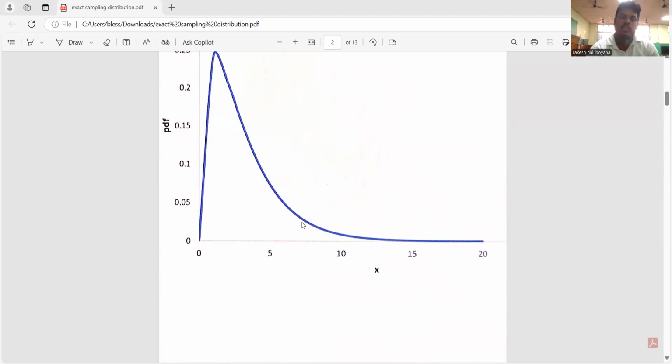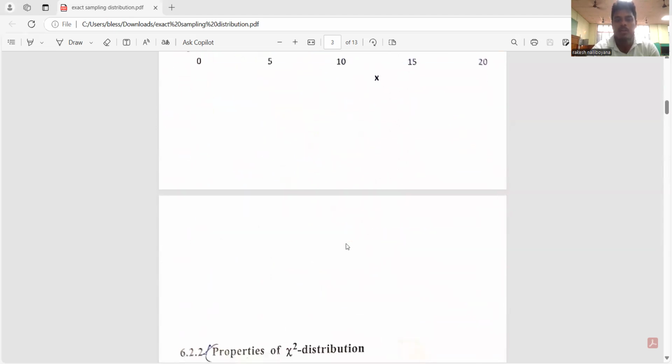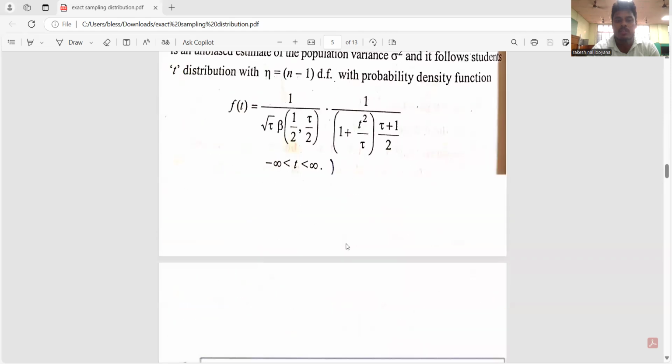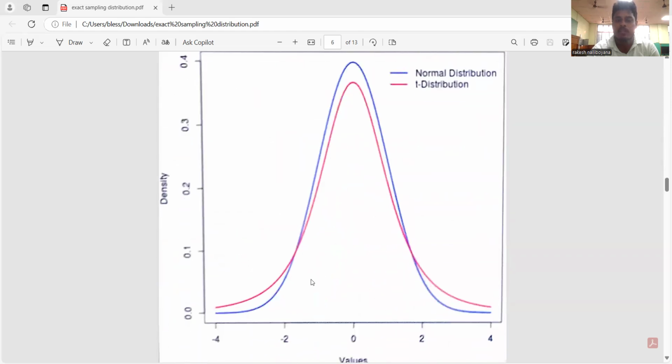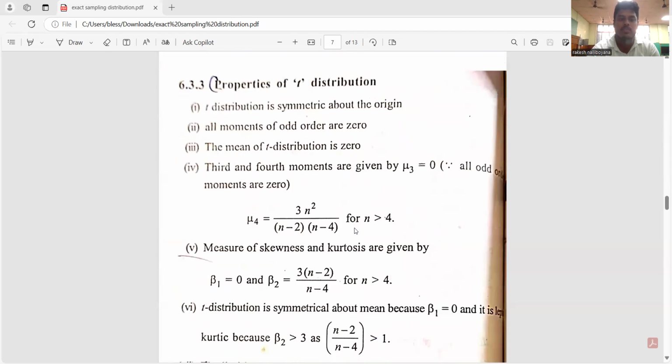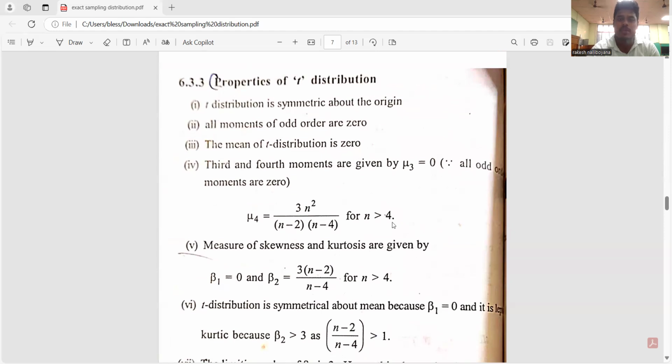If you want the chi-square distribution to follow the normal distribution, whenever you increase your degrees of freedom, automatically this curve also tends to the normal distribution curve. The T distribution is also close to the normal distribution, but there is no need to increase the degrees of freedom here, because it is already close to the normal distribution, compared to the chi-square distribution and F distribution. So in this T distribution we have some important properties.